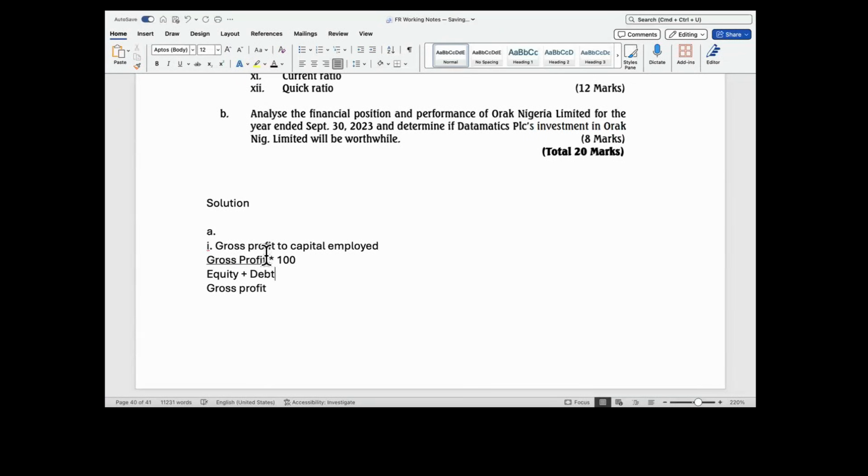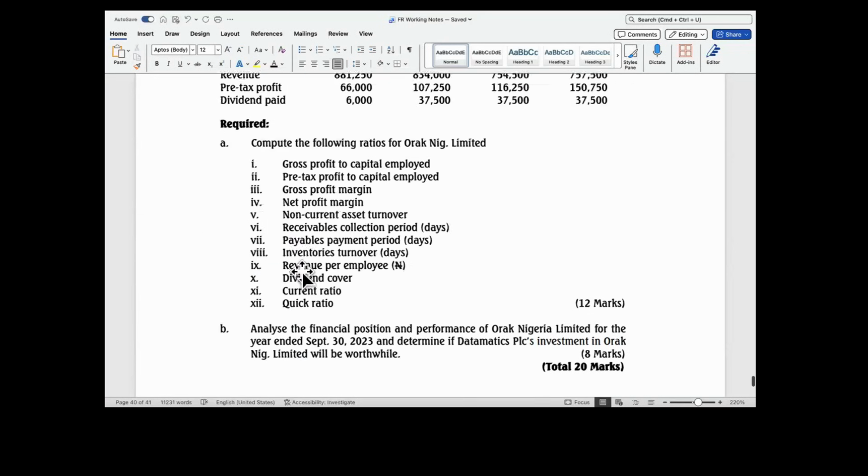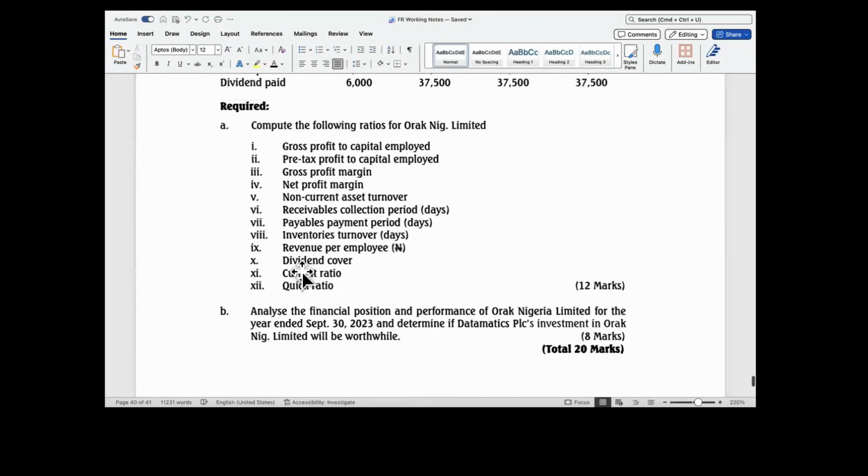Since I mentioned that if you are using PBIT, if the examiner tells you that capital employed is equity plus debt, that means your profit should be PBIT. So now that your profit is even gross profit, you have to use the two. So don't just use equity.